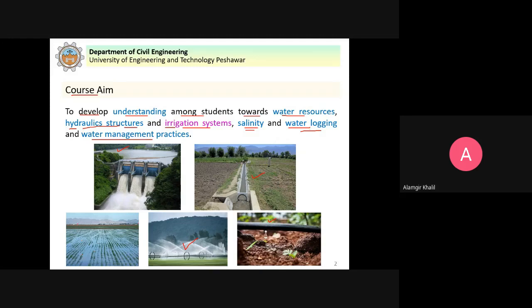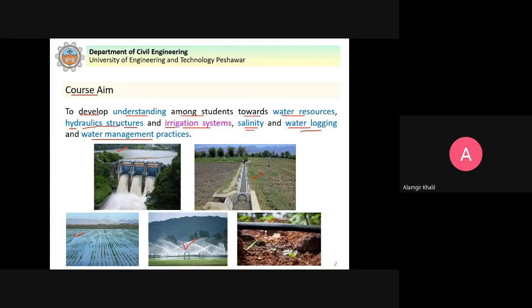For example, you can see here in this picture that we supply water to the crops. So the crops can use the water for growth, and the rest of the water can drain. It can either infiltrate into the soil and join the groundwater, or it can drain into the surface drainage network.